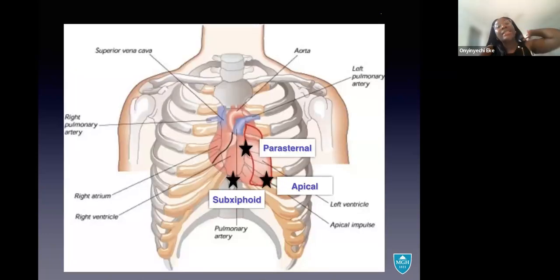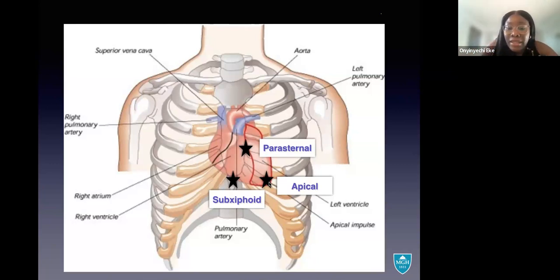So this is just a schematic. These 3 stars here show the 4 different positions in which we are going to be doing this examination. So think about the heart. It sits obliquely within the chest wall, right? So when we're doing this examination, we are going to be using that to help guide as we move and as we orient ourselves with the probe.